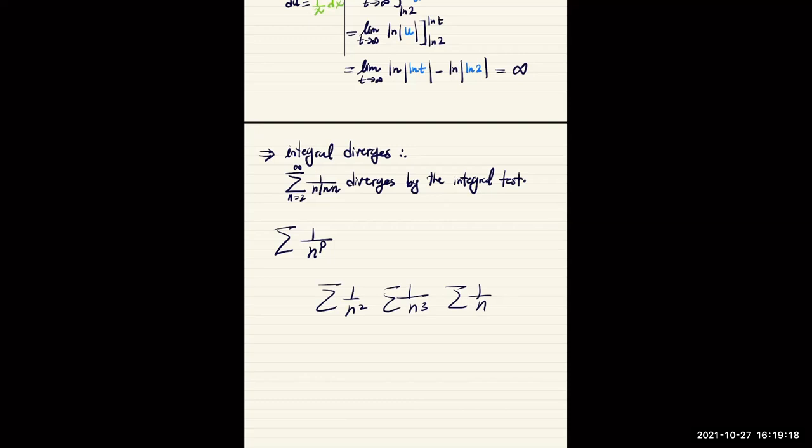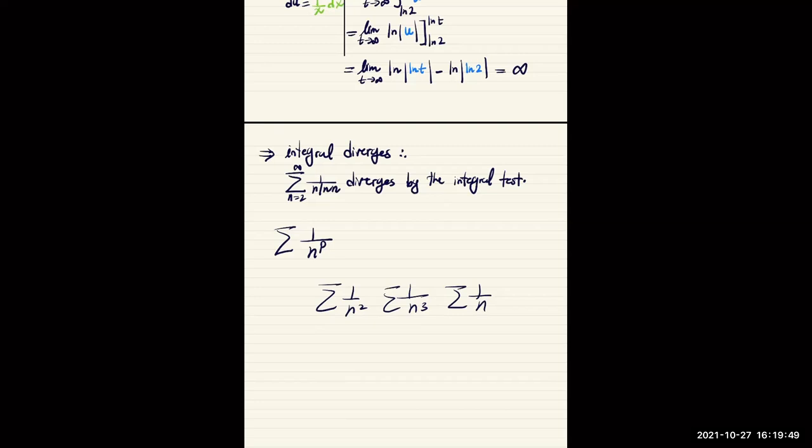And just like the P integral theorem, we can show that a P series converges when P is more than 1, and if P is 1 or less, then the series diverges, just like the harmonic series. So 1 is the tipping point of convergence and divergence.